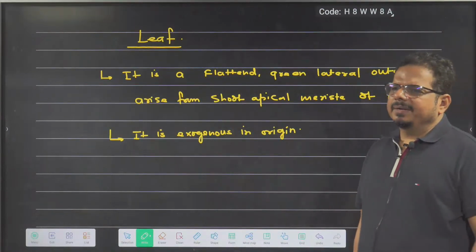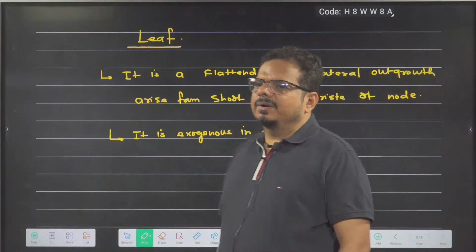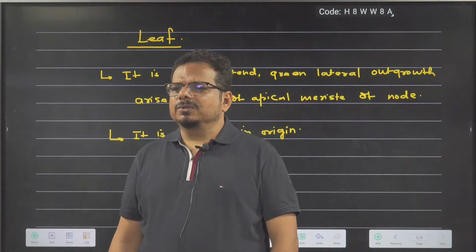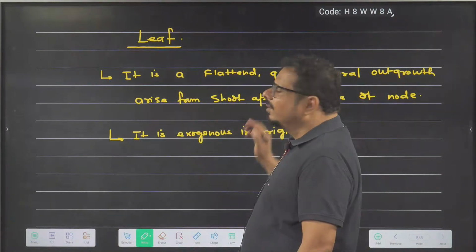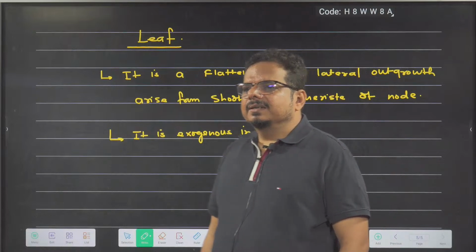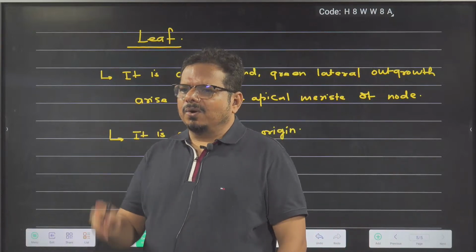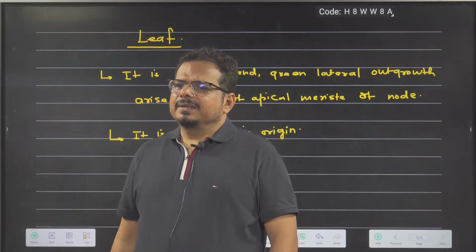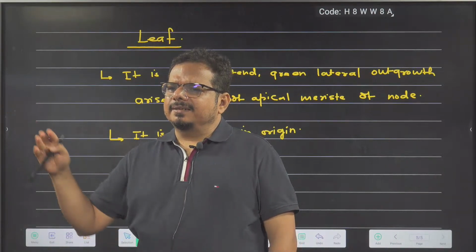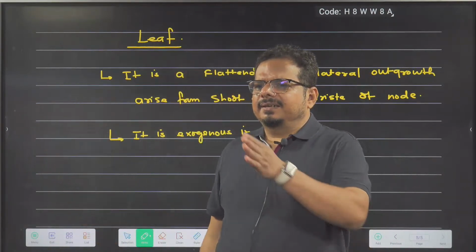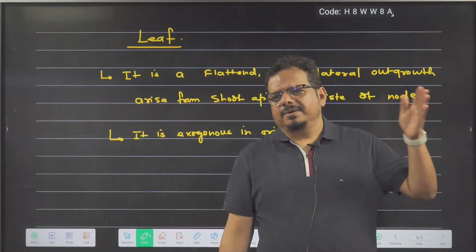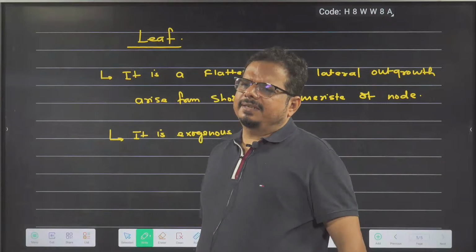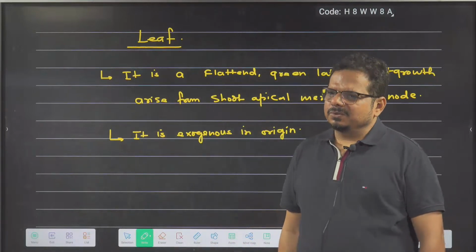So I have given the exogenous in origin example as what? Root hair, because it arises from which one? Epidermal outgrowth. This leaf is arising from which region? Cortical region. And the cortical region is even a peripheral layer. You can say extrastellar region we are saying as peripheral layer, and intrastellar we are telling about inner layers. So when anything arises from the extrastellar region, it is called exogenous in origin.